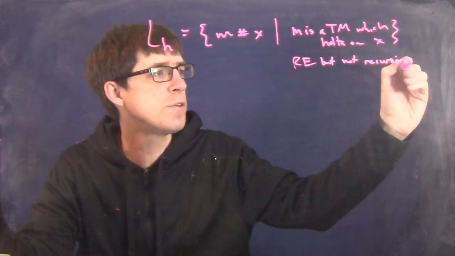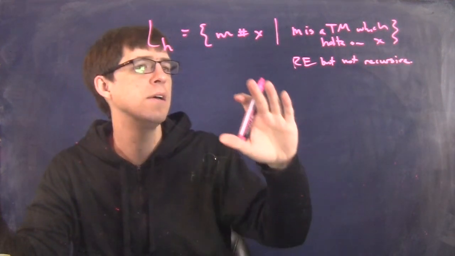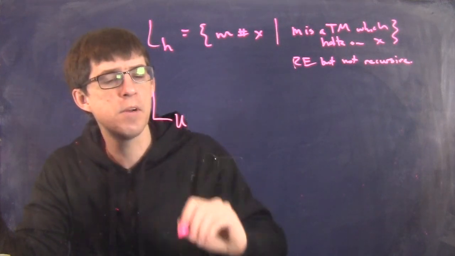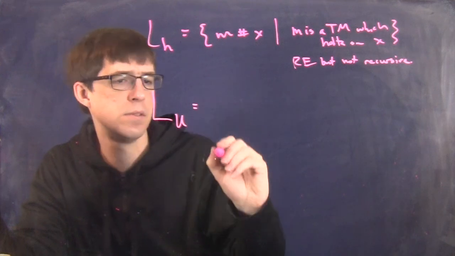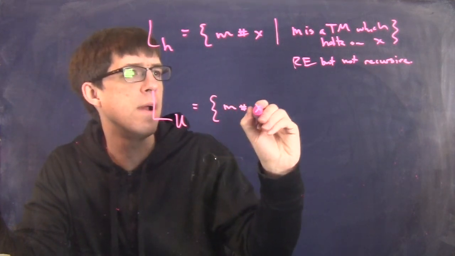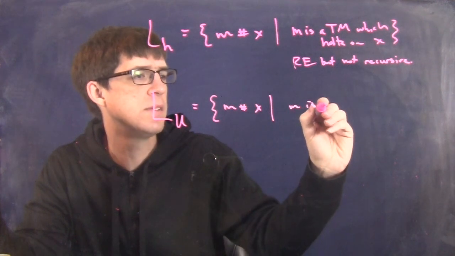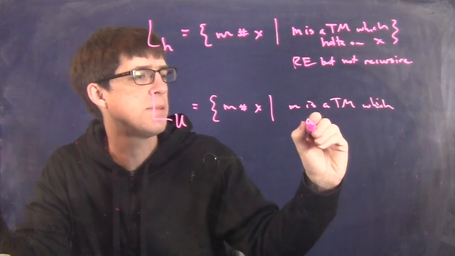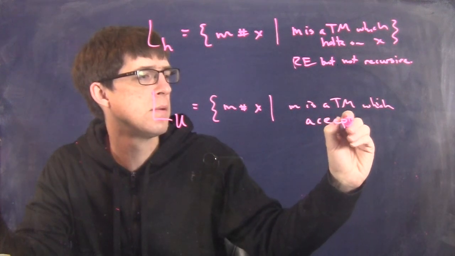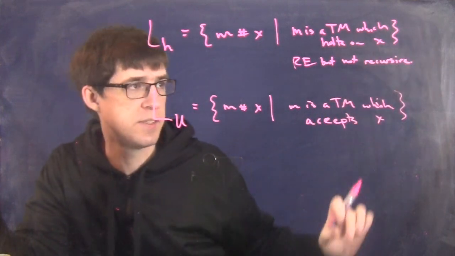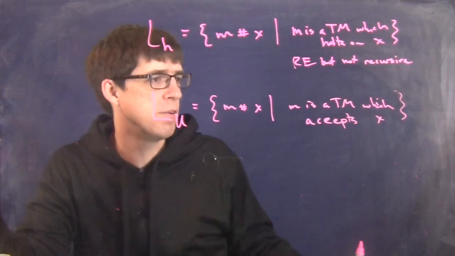It turns out, for similar reasons, I don't want to go into the nitty-gritties of this, but here's a similar language. I'm going to call this LU, because this is what our book calls it. It is M separator X, such that M is a Turing machine which accepts X. All right. This, for similar reasons, is RE but not recursive.